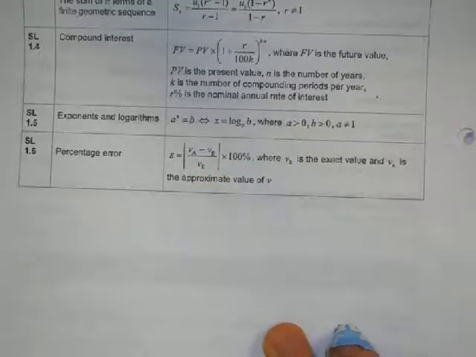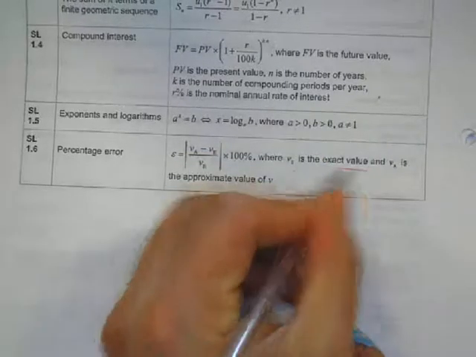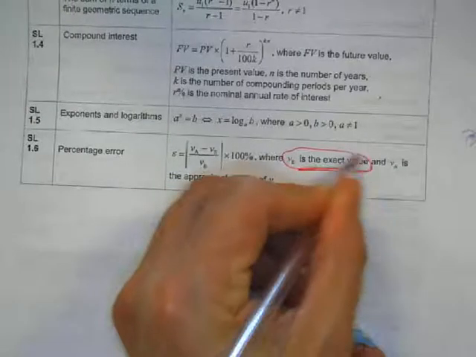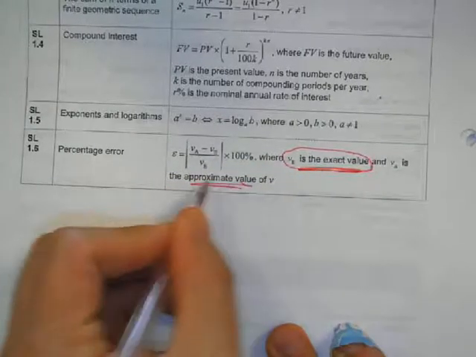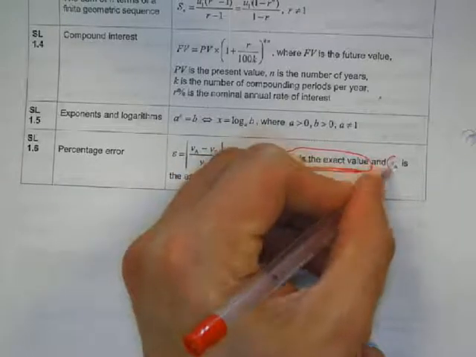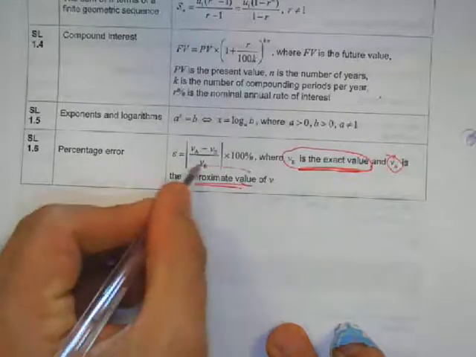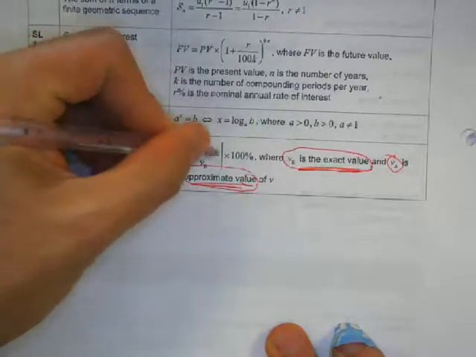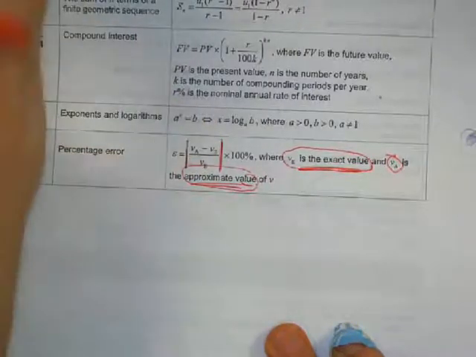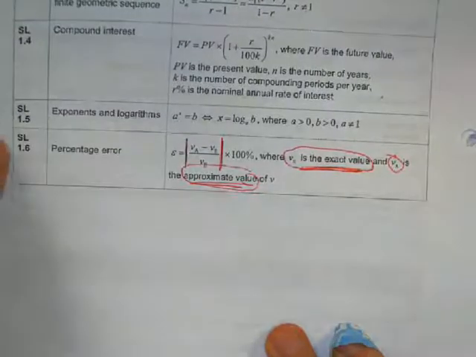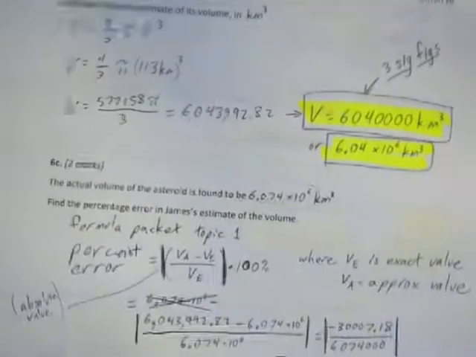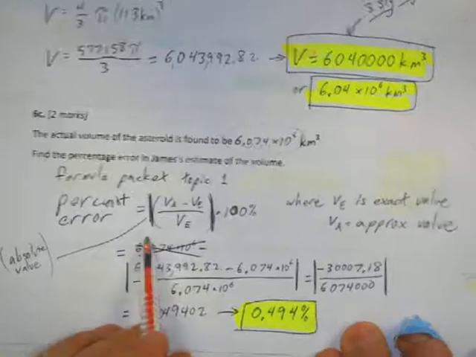So VE is the exact value, and VA is the approximate value. I'm going to be using this on the topic 1 page of the formula packet. And so here I've rewritten the formula. You may want to hit pause.